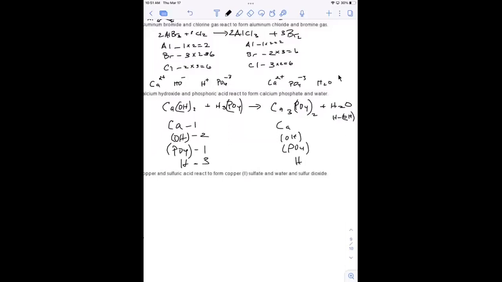And over here, keep in mind, I'm not counting the OH proton or the hydrogen with the H. So we got one H here. We have one OH. We have three calciums. And we have two PO4s. Are y'all following that? Any questions about that?